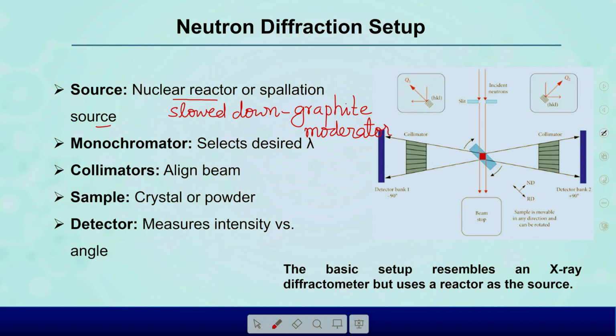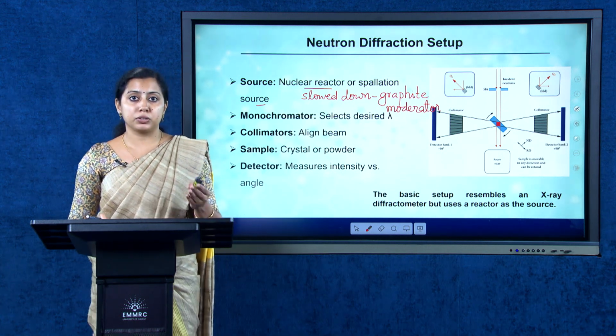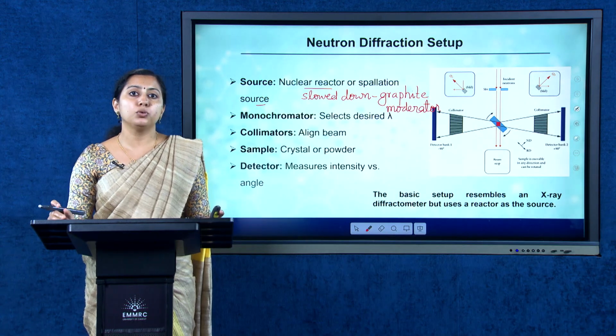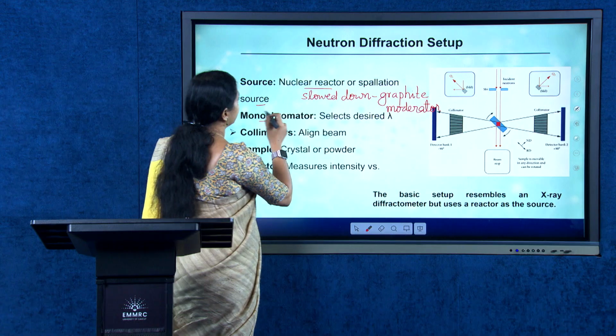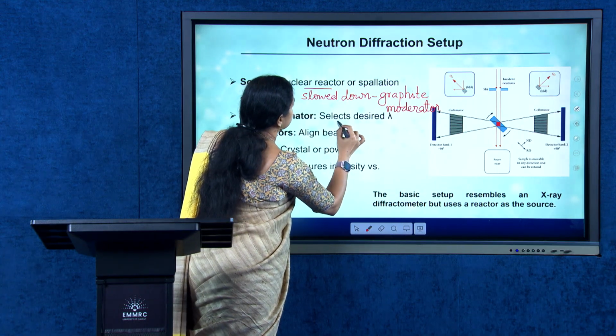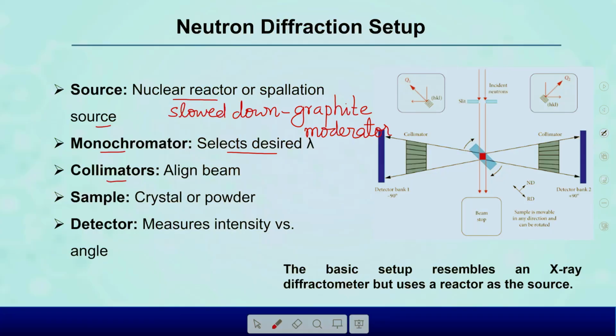Then we have a monochromator for selecting the desired wavelength, and a collimator in order to get a very narrow beam. The sample can be either a crystal or a powdered sample, and then we have a detector which measures the intensity versus the diffraction angle.